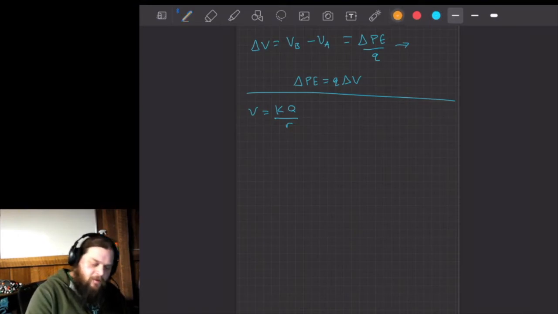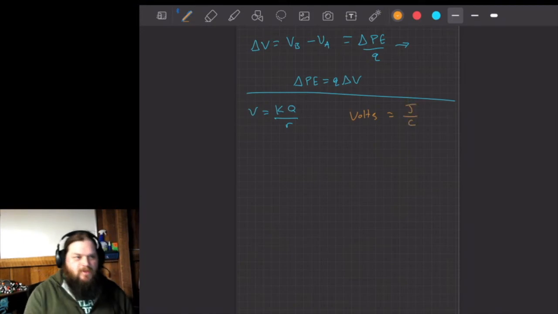The units for voltage is equal to joules per coulomb. So it's the energy per coulomb.